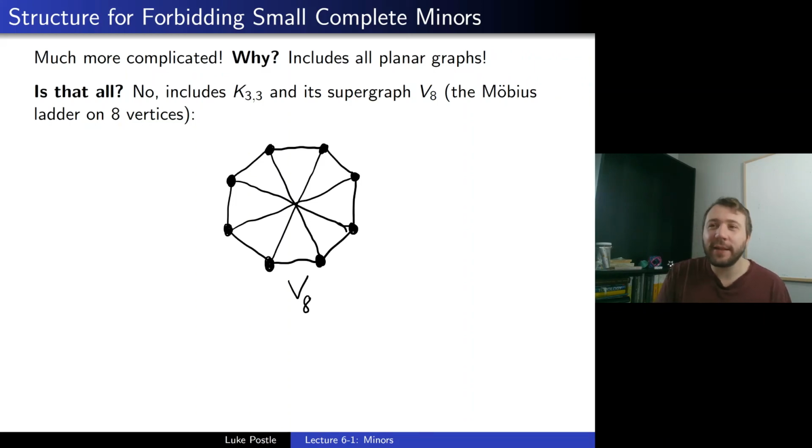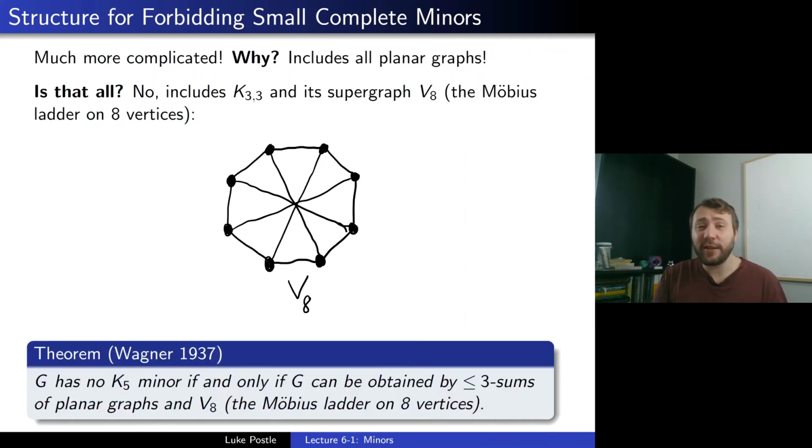Well, almost. Now you have planar graphs as the main ingredient. It turns out V8, and then this very beautiful theorem of Wagner from 37 characterizes no K5 minor: it's if and only if G can be obtained by at most 3 sums of planar graphs and V8, the Mobius ladder on 8 vertices. You would have liked 3 sums and copies of K4, but here we have to allow all planar graphs, and then we even have to throw in V8 as the one exceptional non-planar graph.